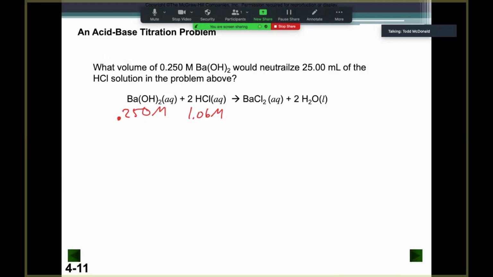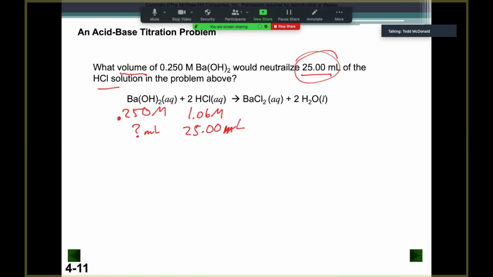What else do we know in the problem? It says that it would take 25 milliliters of the acid. So we know that we used 25 milliliters of my acid to neutralize the base. What I'm trying to find is what volume, either in milliliters or liters. Since the problem gives milliliters for my acid, I think I'll end up answering in milliliters.